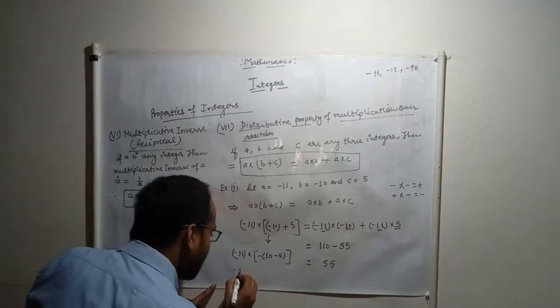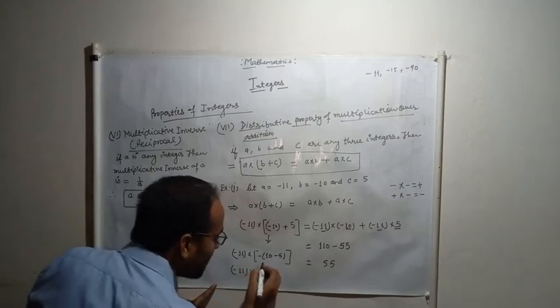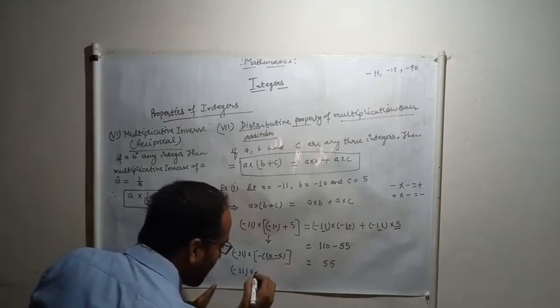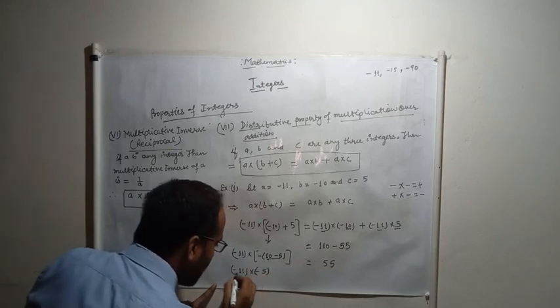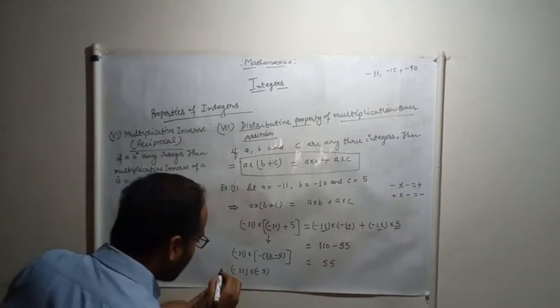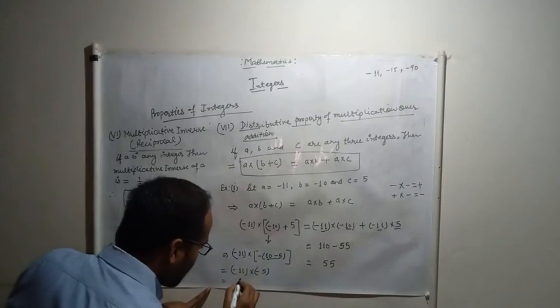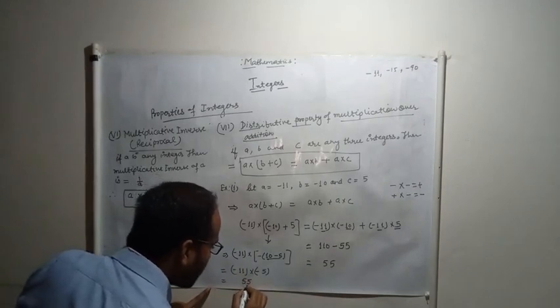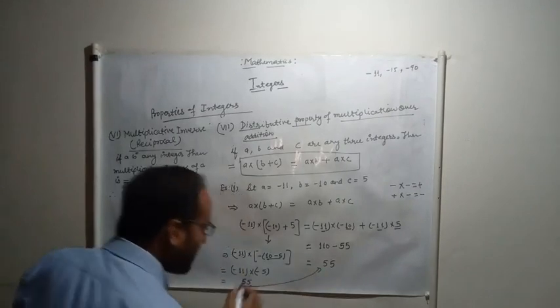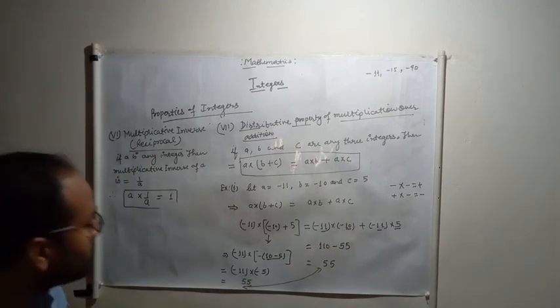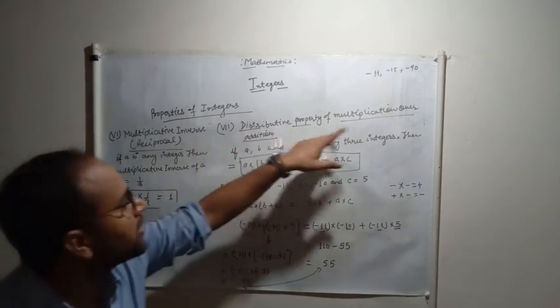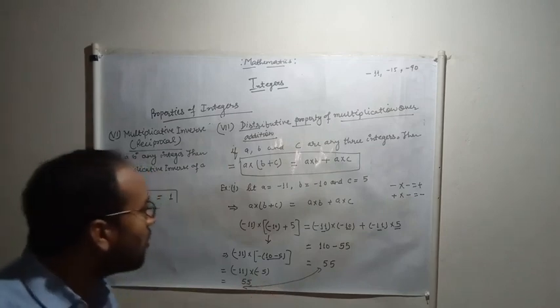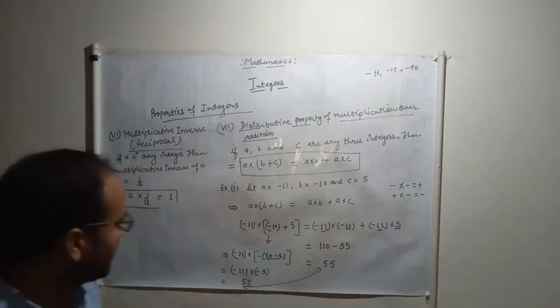Okay students, minus 11 is outside. Multiply 10 minus 5, you get 5 with a minus sign. And you know that minus multiplied by minus gives plus. So you get 55. Both are equal. Left side is equal to the right side. It means that the distributive property of multiplication over addition will hold for 3 integers.